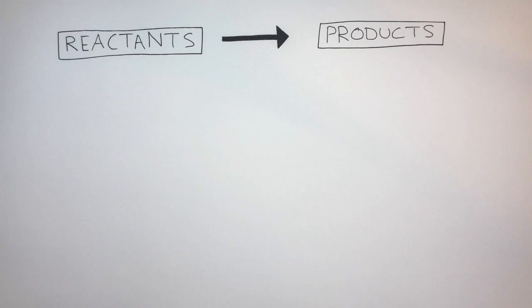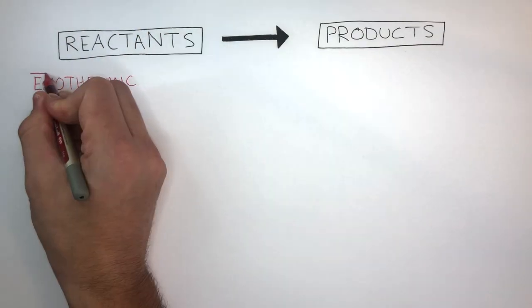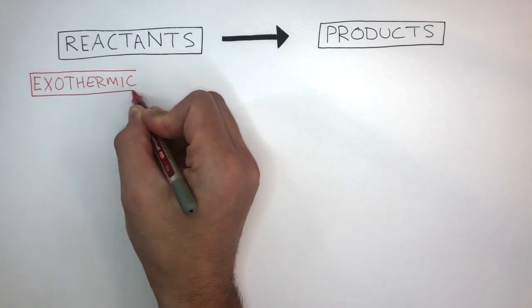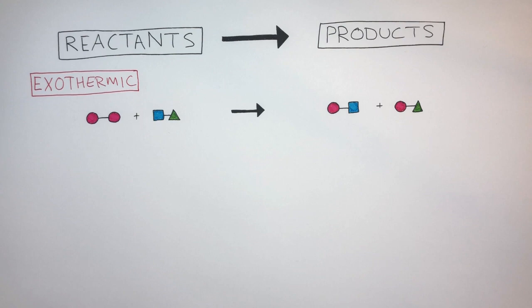So now we've learnt these two rules, we're going to understand why a chemical reaction is exothermic. Remember, an exothermic reaction is where the temperature of the surroundings increases. Yet, if energy is always taken in from the surroundings to break down the reactants, how comes a chemical reaction can be exothermic?